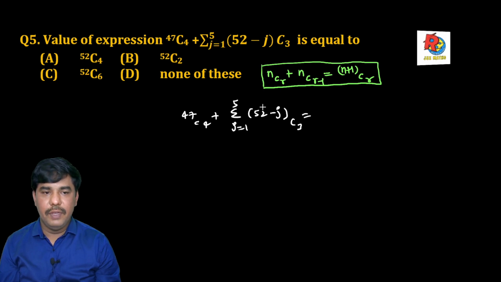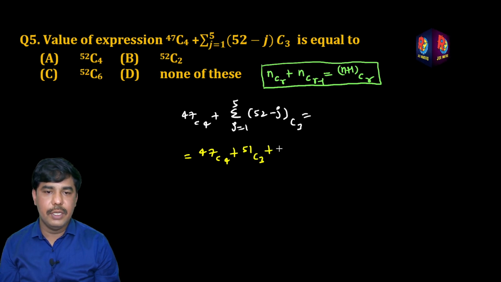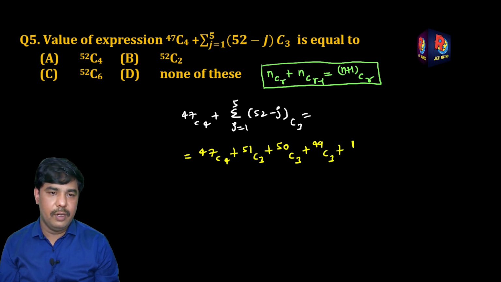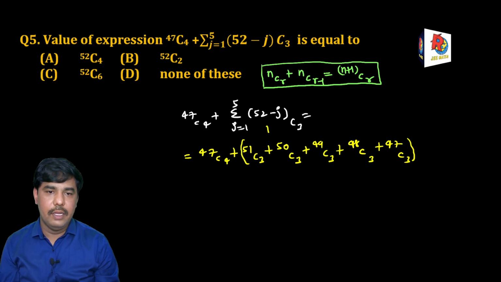If I substitute all those values, 47C4, if I substitute j equal to 1, 52 minus 1, 51C3. If I substitute 2, 50C3. If I substitute 3, 49C3. Next, if I substitute 4, 48C3. If I substitute 5, 47C3. If I expand this formula, then this is the bracket value.